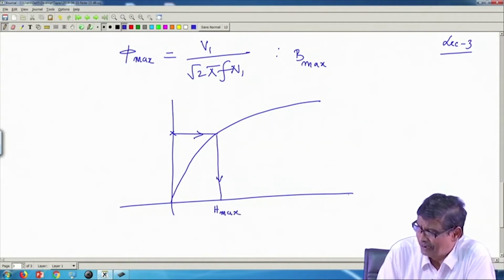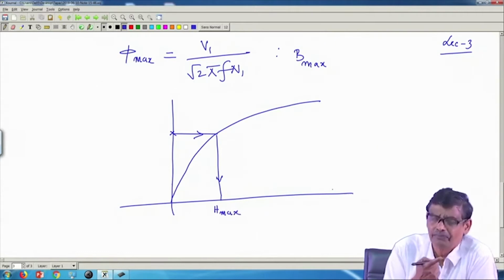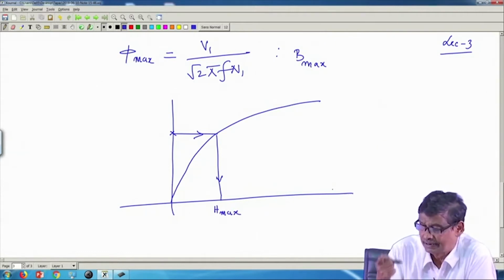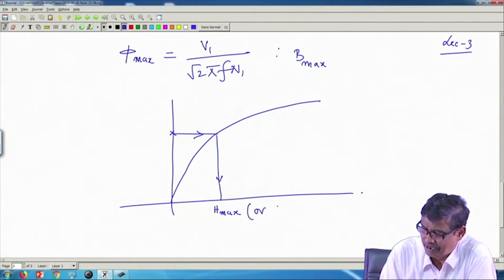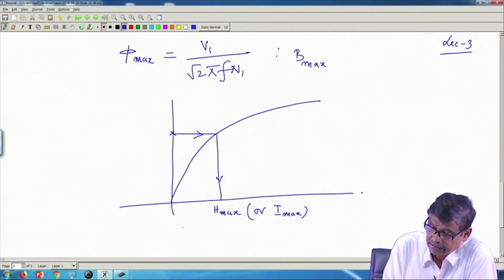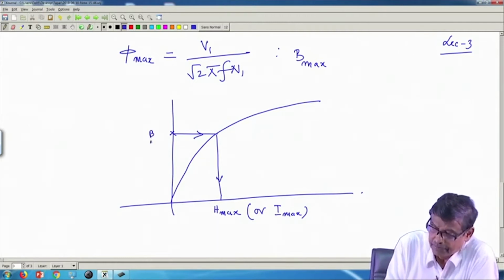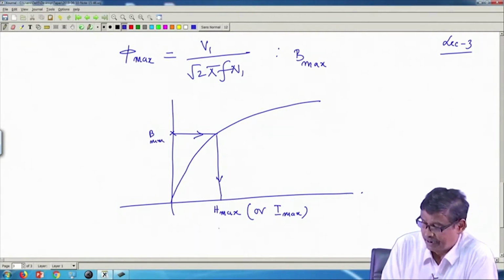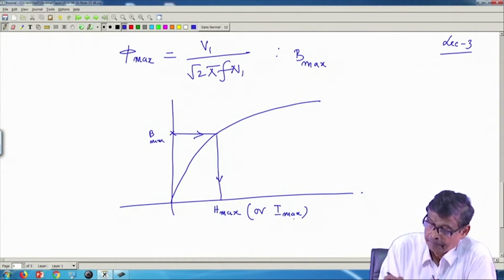For a given number of turns and magnetic length L, this axis can also be treated as I, H max or I max, is it not? I can always do that, because N by L comes as a constant. So, corresponding to this B max you get H max, hence I max, hence the current drawn from the supply.